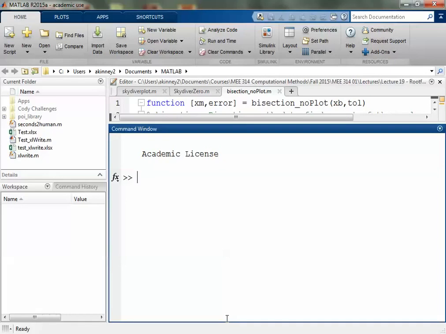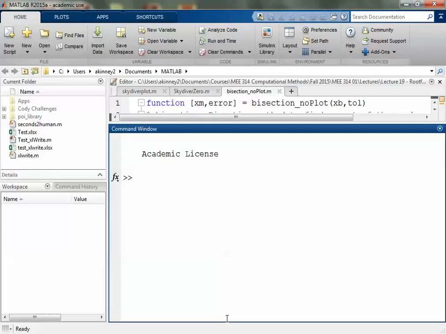So this is going to tell me my root, which is the W that satisfies the zero equation. Wherever that root is, that tells me a value of W that makes the right-hand side equal to the left-hand side. That's what my root is.